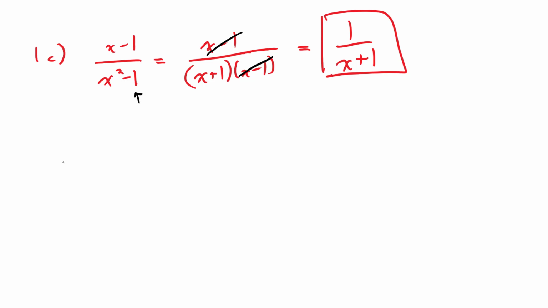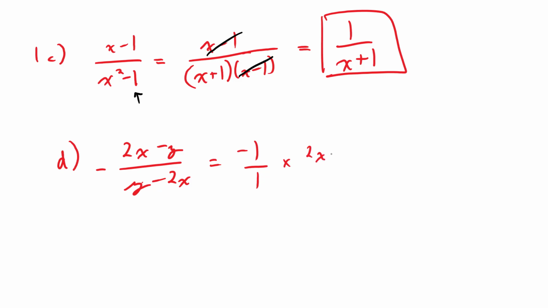Let's do D. Negative 2x minus y divided by y minus 2x. How do we do this one? This one's easier than you expect. That negative sign there, let's make it negative 1 over 1 times 2x minus y over y minus 2x.